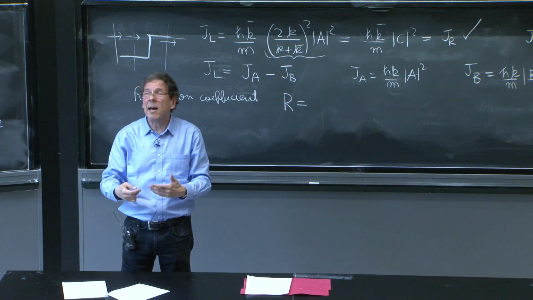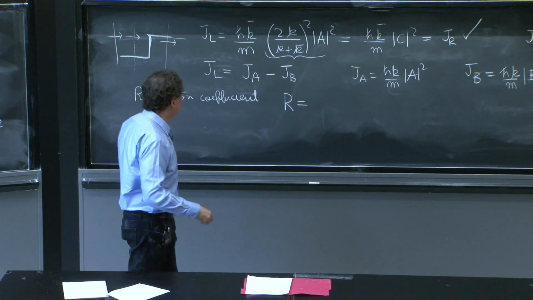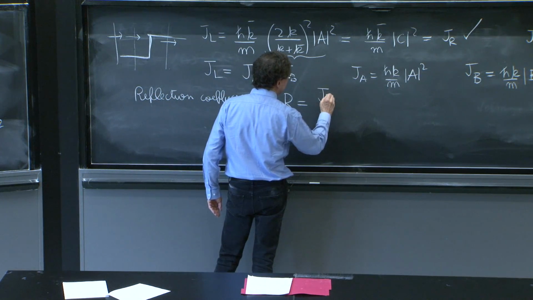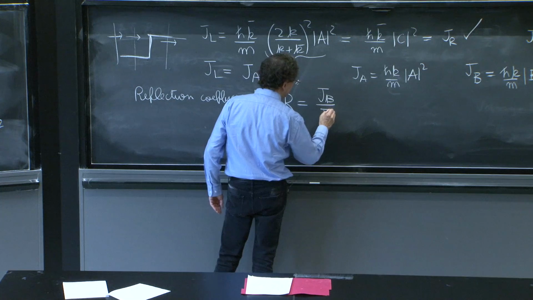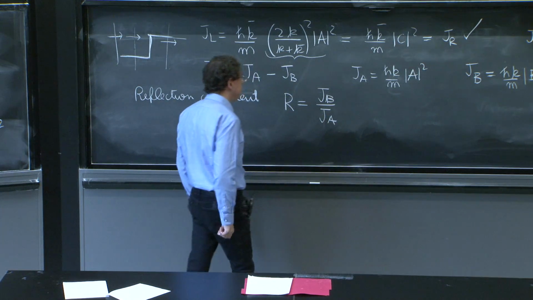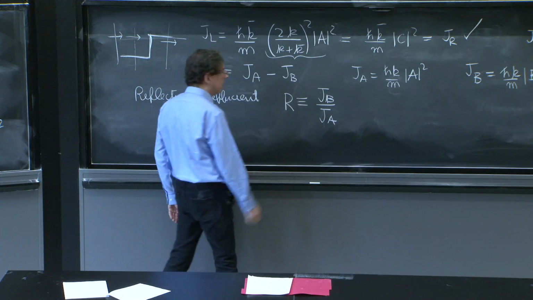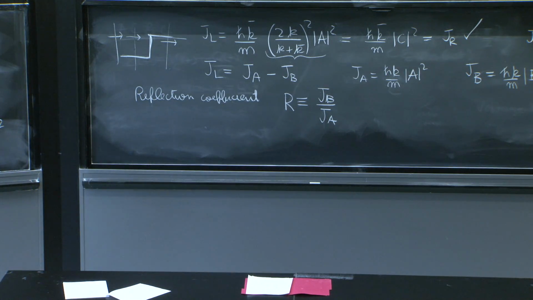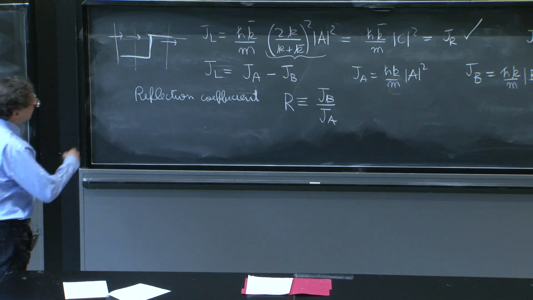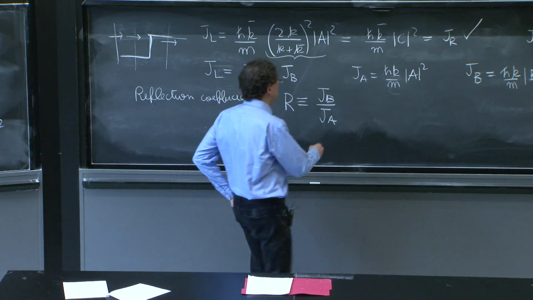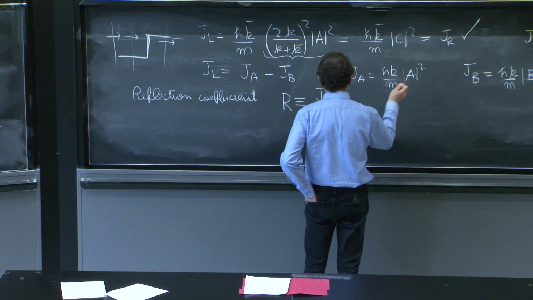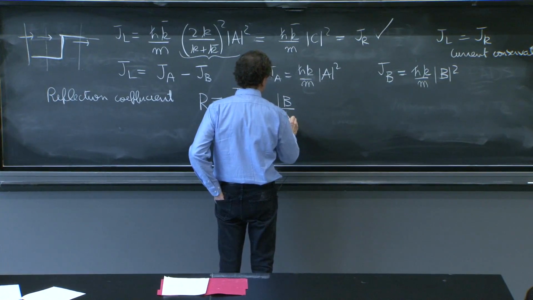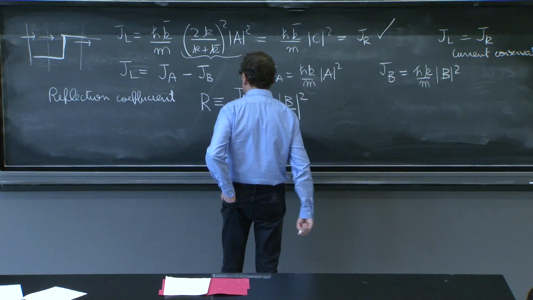So an idea of a reflection is the value of the reflected current divided by the incident current. It's a definition, but it's a reasonable definition. And then if it is this ratio, because of these expressions, it happens to be B over A squared.